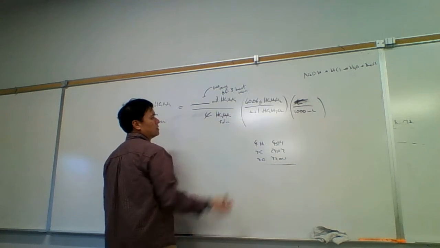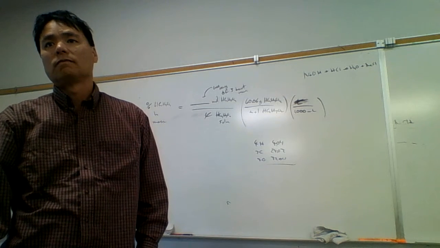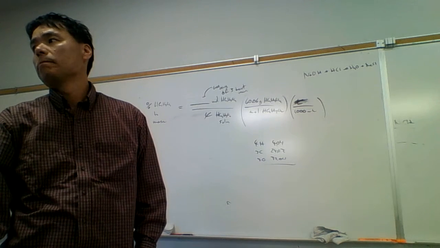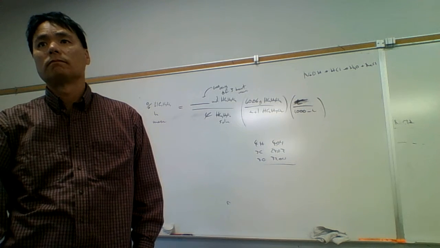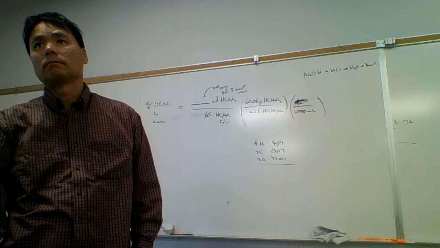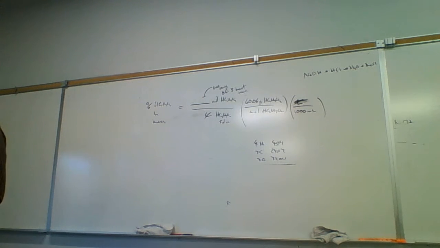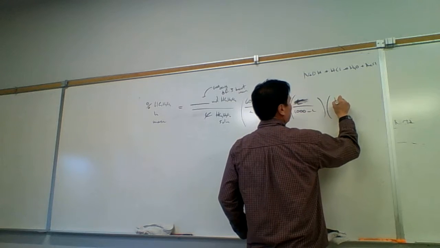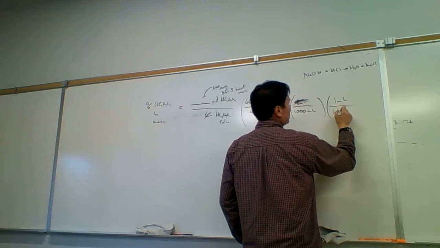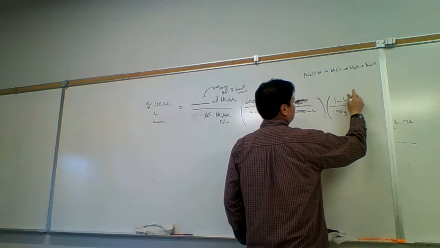What was the density they said to use for the acetic acid solution? They said same as water? If they said same as water, then what we'll just do is this. For every milliliter of acetic acid solution, that should be 1.00 grams of acetic acid solution.